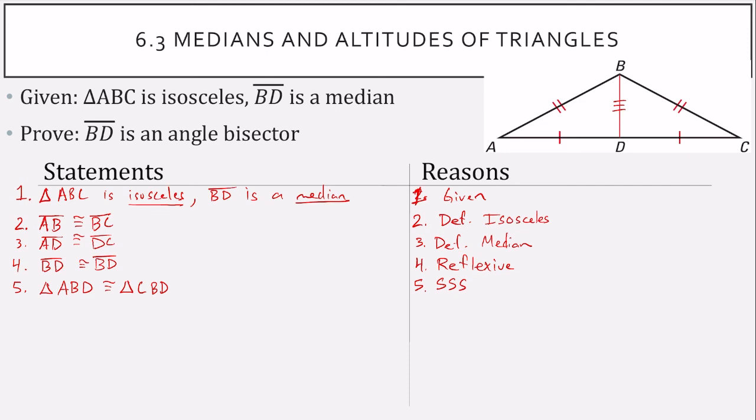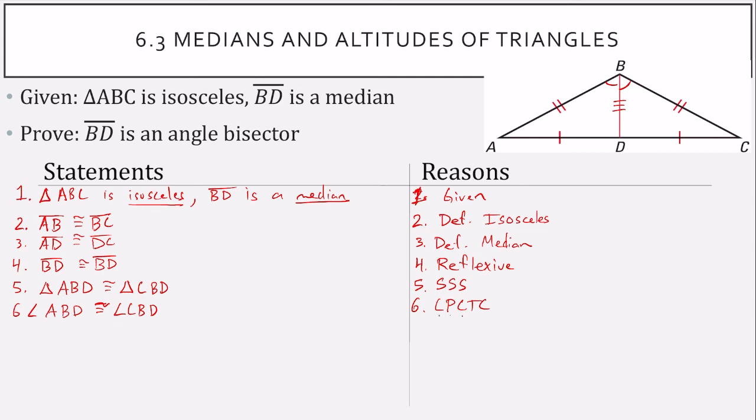So now if those triangles are congruent, how can we get to the angle bisector part? Well, that's right. We could say those two angles are congruent. So angle ABD is congruent to angle CBD by, well, the triangles are already congruent, so the parts are congruent by CPCTC.